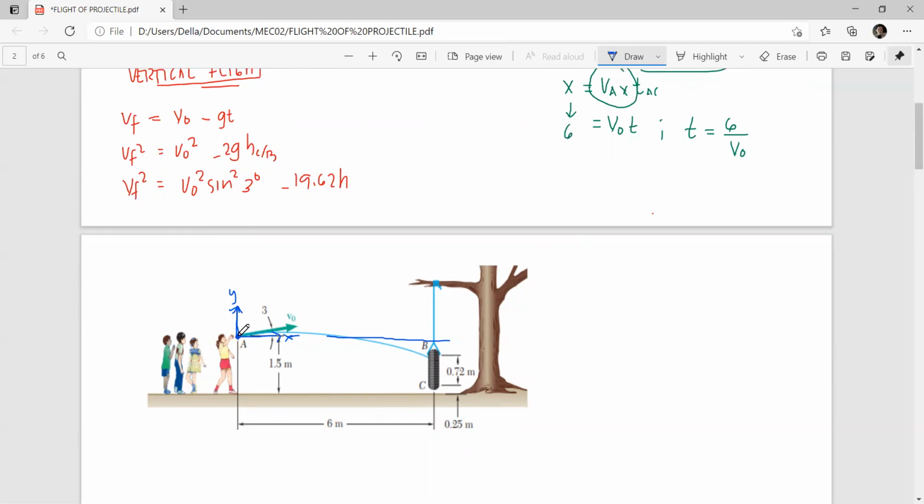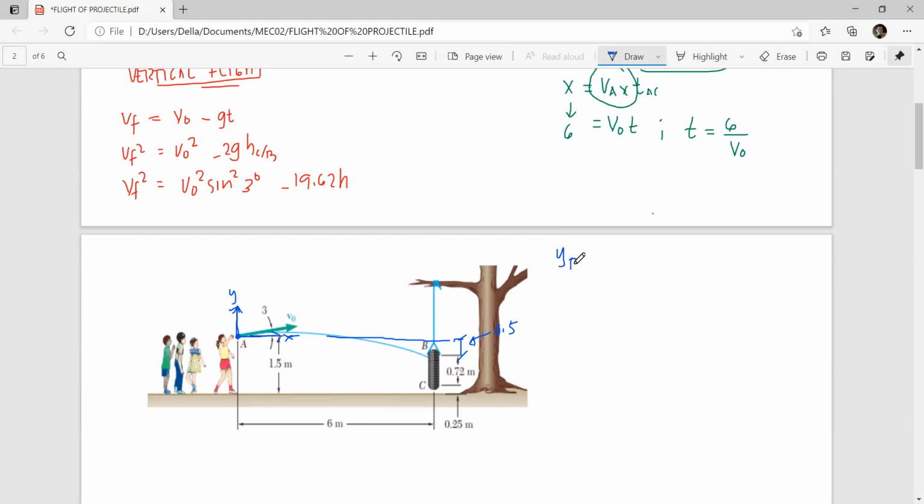So the distance below this origin will be negative. So from point B and point A, 1.5 minus 0.72 minus 0.25, that is 0.53.